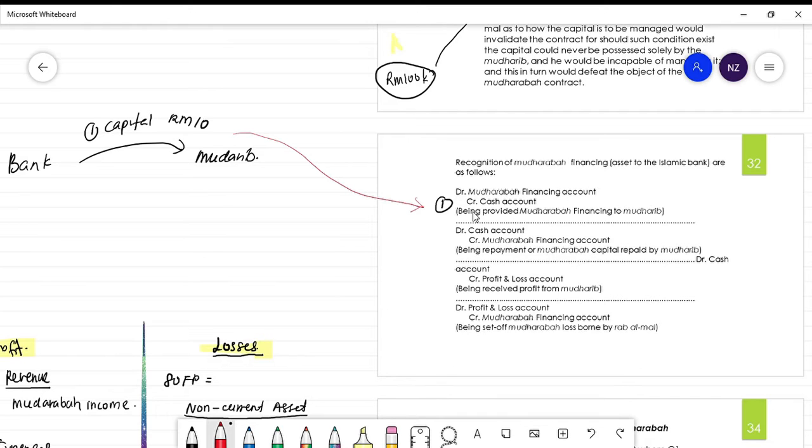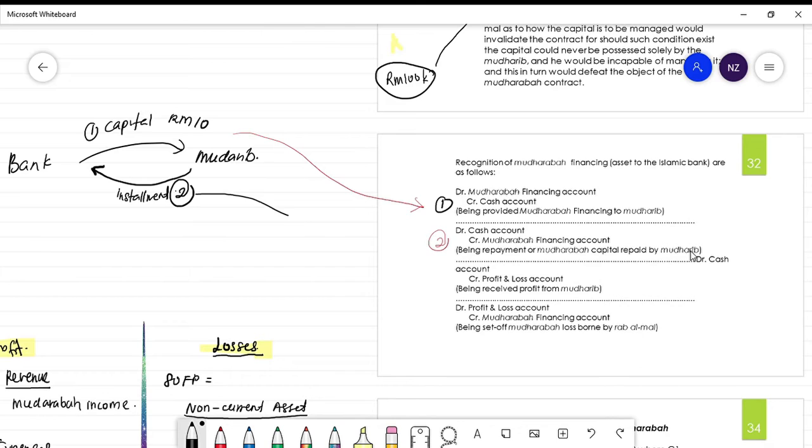Okay, now we go to the second journal, where we record the repayments, or the mudharabah capital repaid by the mudarib. It means the mudarib now has to pay back the capital given, in installments of course, to repay the RM10 capital to the bank. So we record the installment receipt from the mudarib.